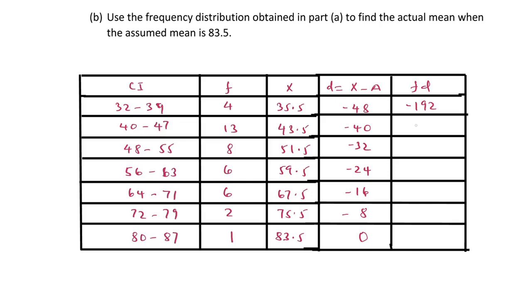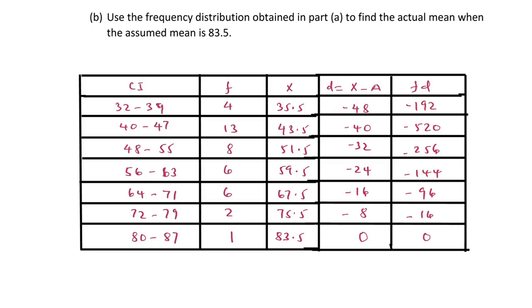Using the same approach, the next value is negative 520. The next is negative 256. Next one is negative 144. The next one is negative 96. The next one is negative 16. And the last one is 0.